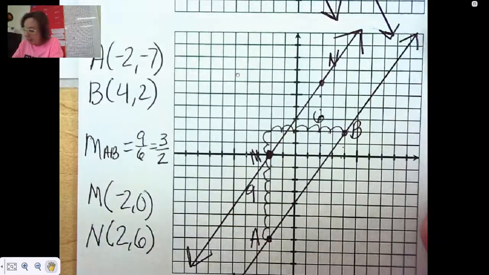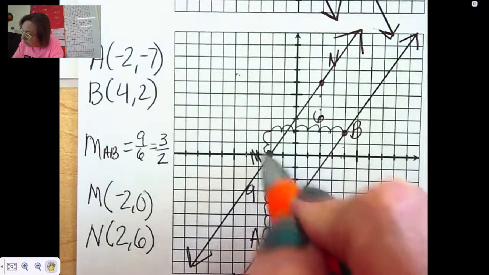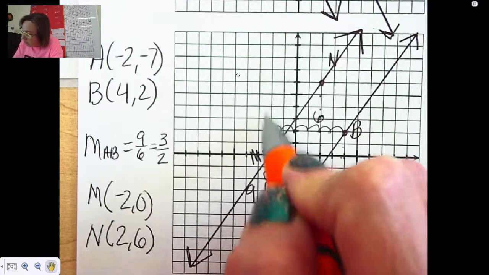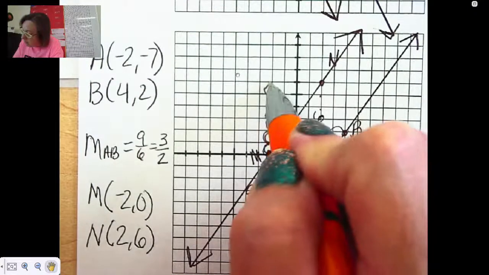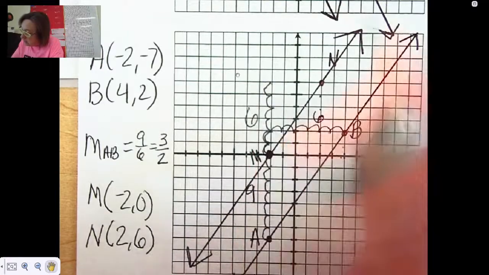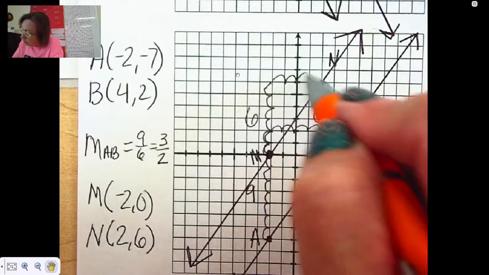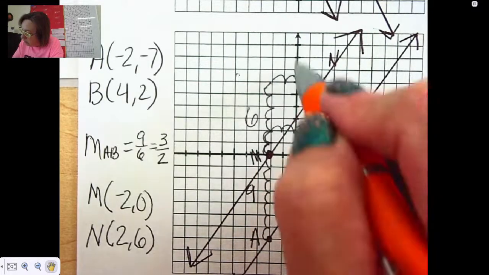Need to find this slope. So up 1, 2, 3, 4, 5, 6, and then over 1, 2, 3, 4.